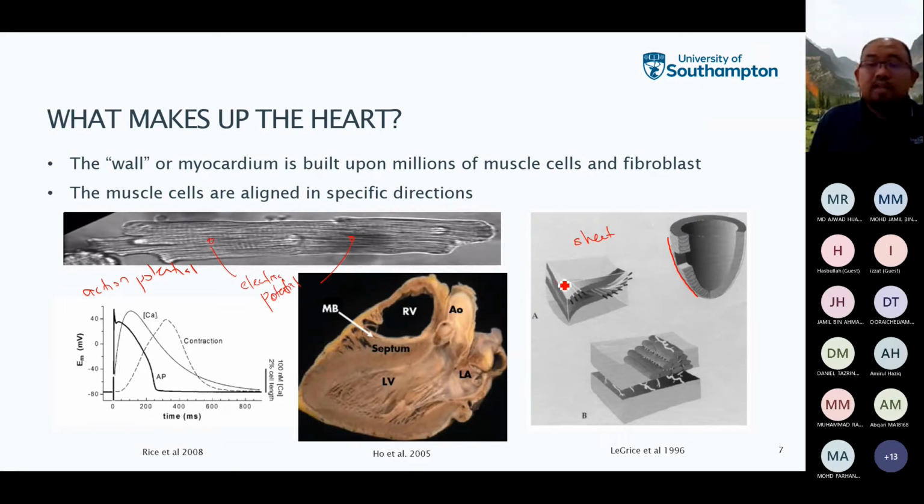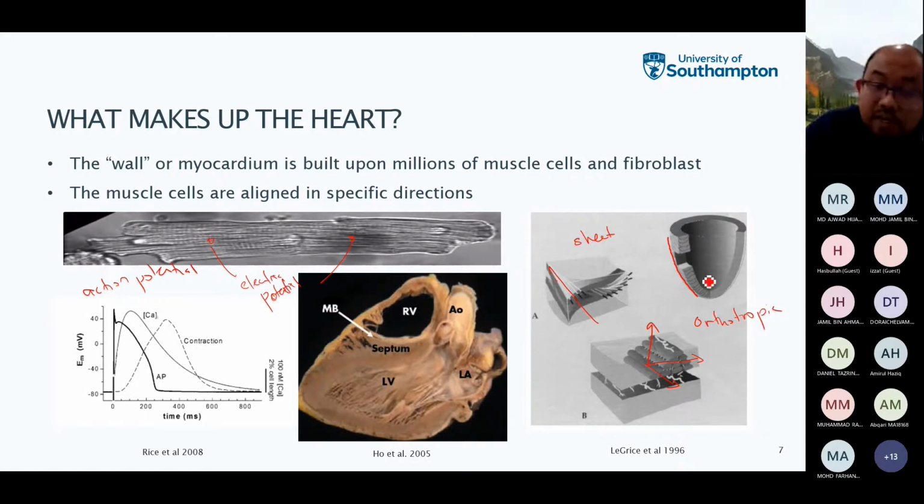The reason why it's anisotropic is that you have a specific orientation of muscle. This orientation of muscle provides a certain stiffness along the muscle direction, as well as along the sheet and normal to that. So this is what we call an orthotropic property.